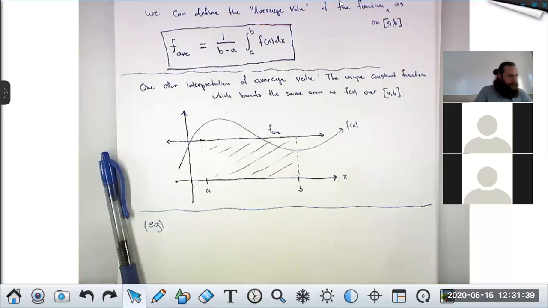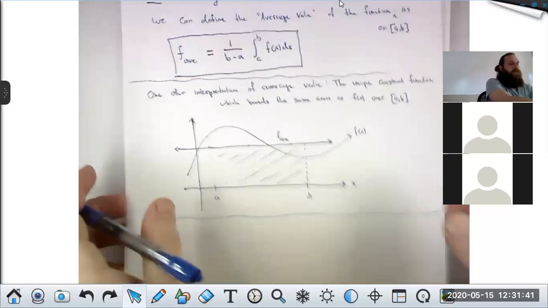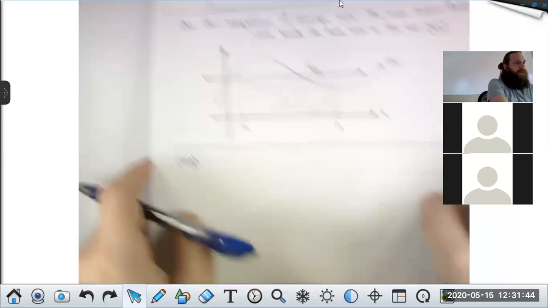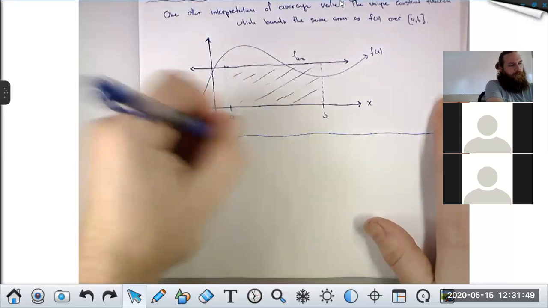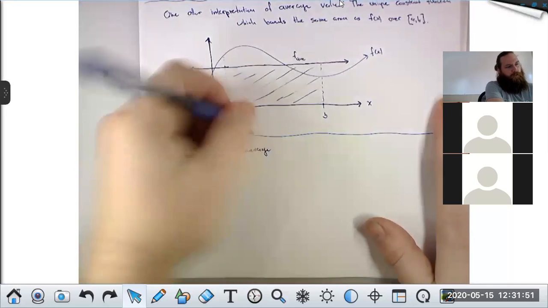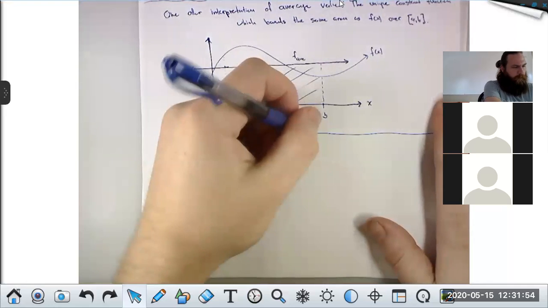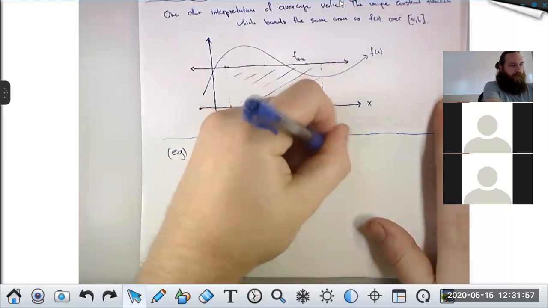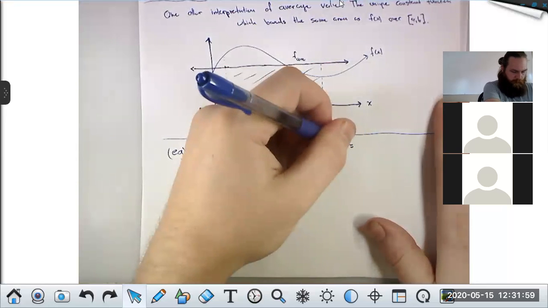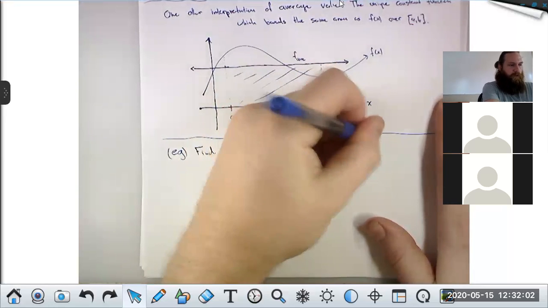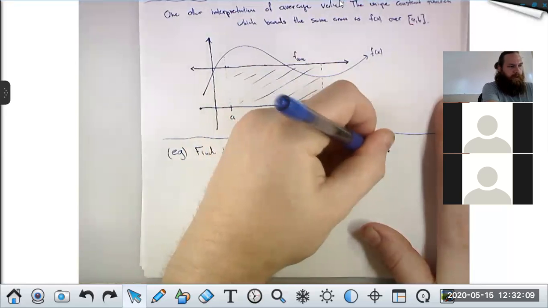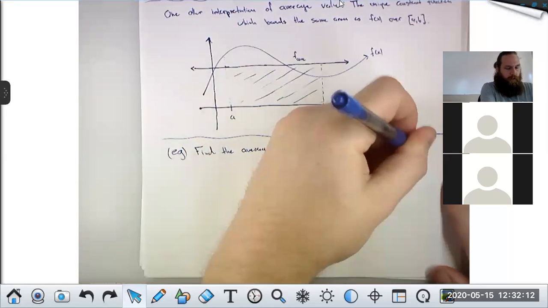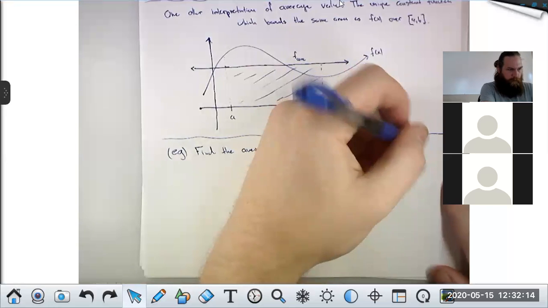Let's do this. Let's find the average value of the function g of x equals x over the square root of 3 plus x squared on the interval 1 to 3.